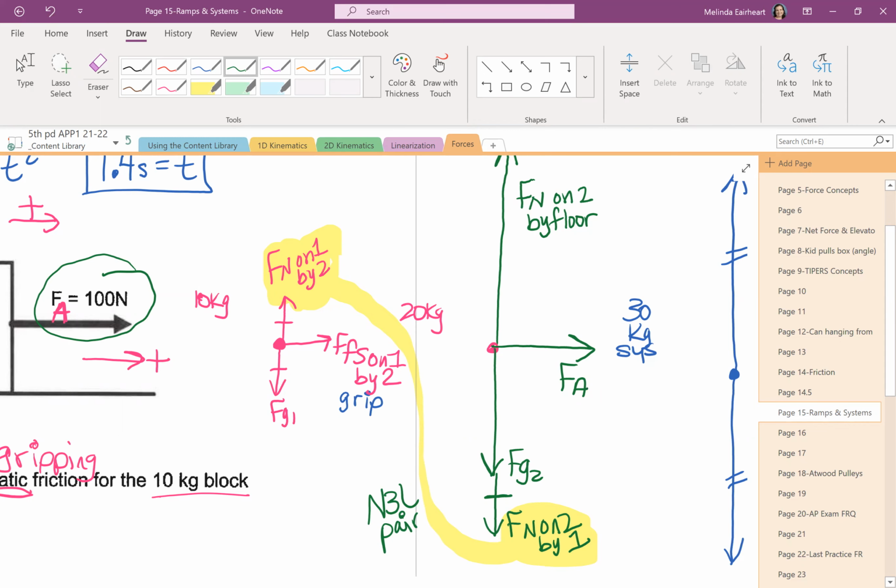And so let's start with that one. That's probably the more obvious one. What direction, if we move our system to the right, and what kind of friction do we have with the floor? Kinetic friction to the left. And so we've got this FFK on 2 by the floor.